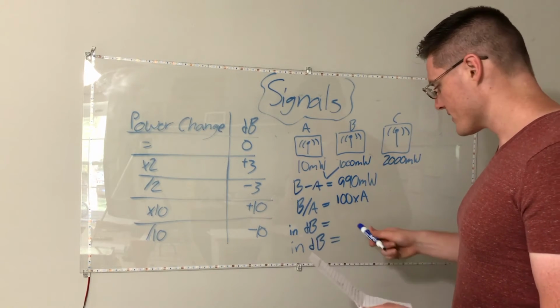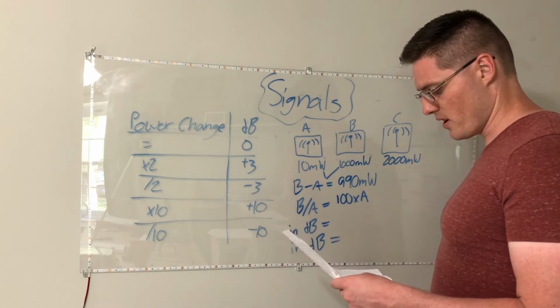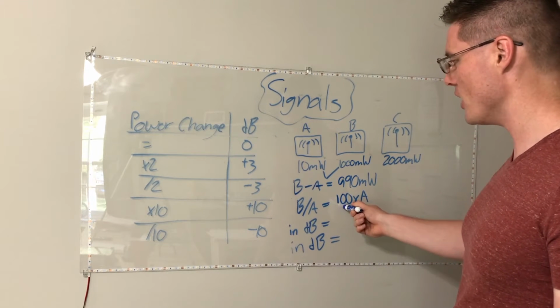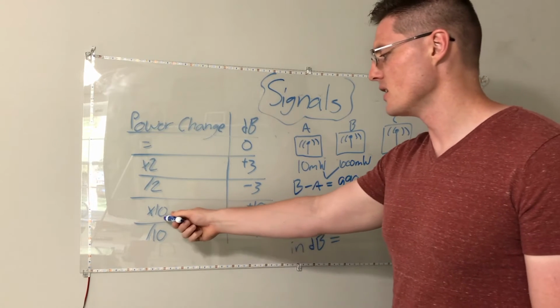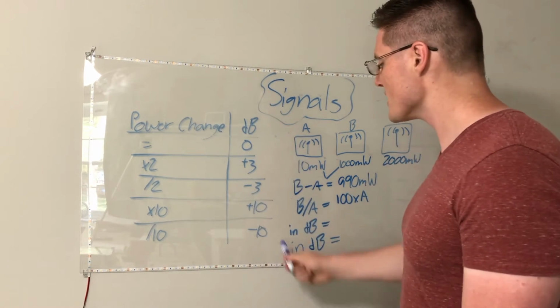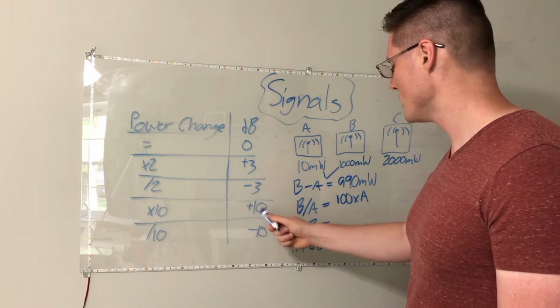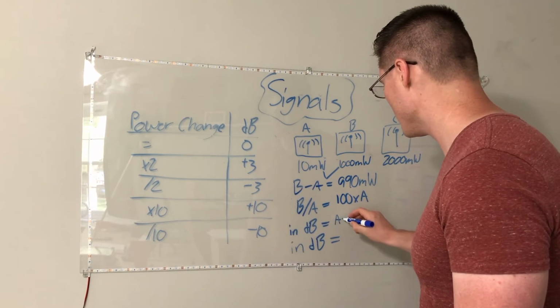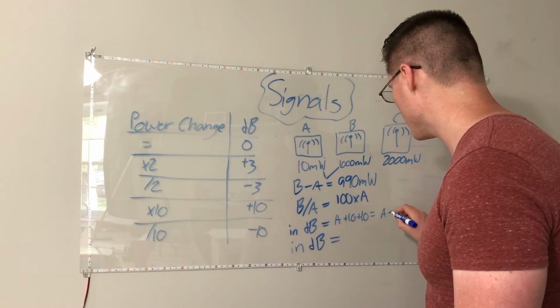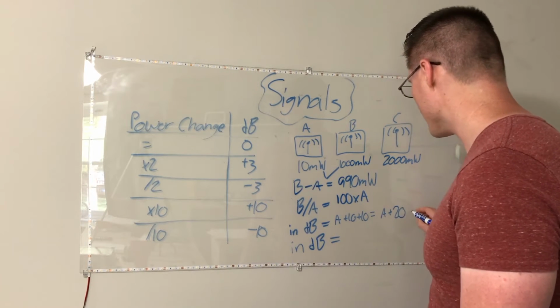In this scenario, let's use the simple rules of decibel values. So if we're looking at 100, that would be times 10 times 10 twice. So essentially what you would do is A plus 10 plus 10 equals A plus 20 decibels.